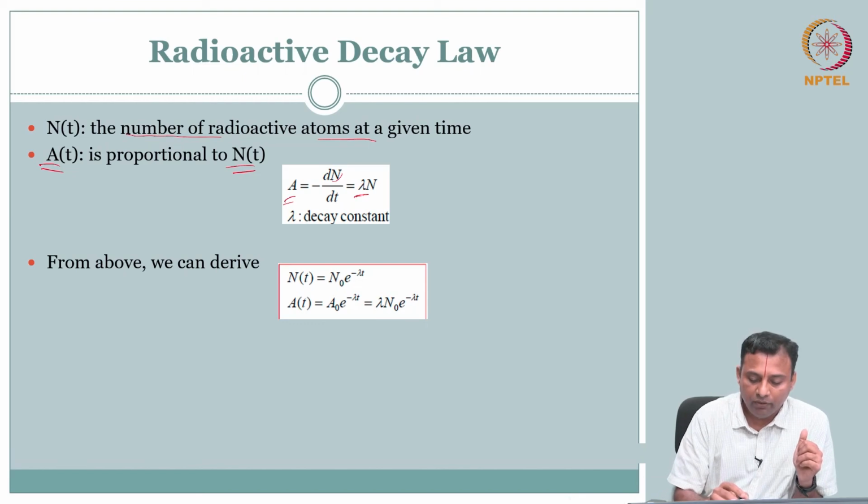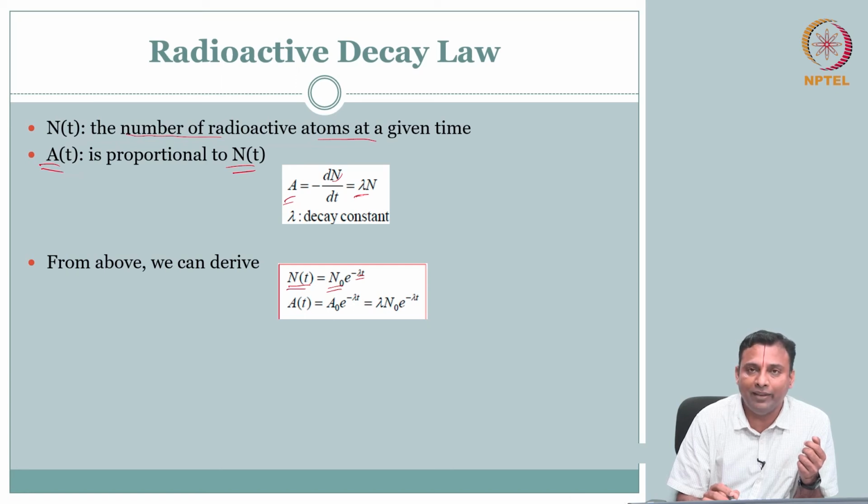So from here we can write N of t is N naught, from your boundary condition, whatever was there at t equal to 0 when you started, e power minus lambda t. So here also you have exponential decay, that is what is happening.